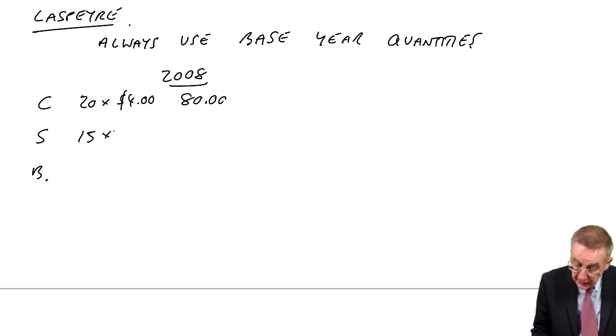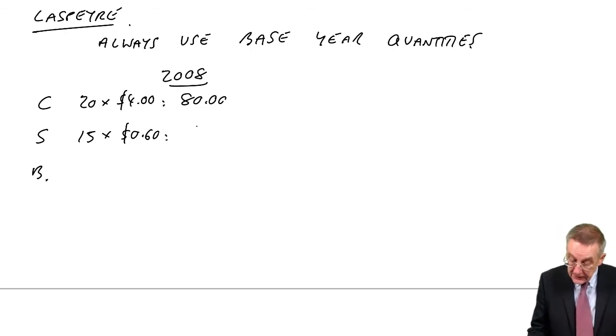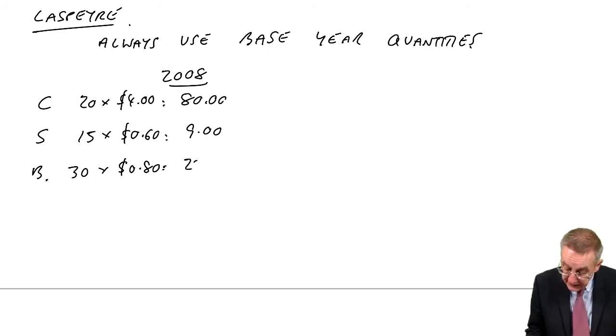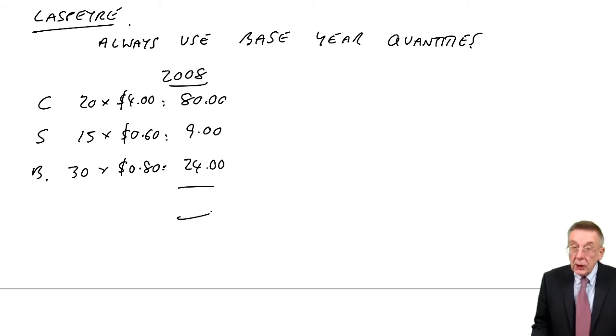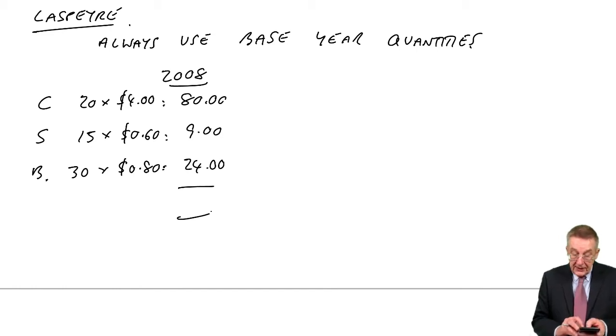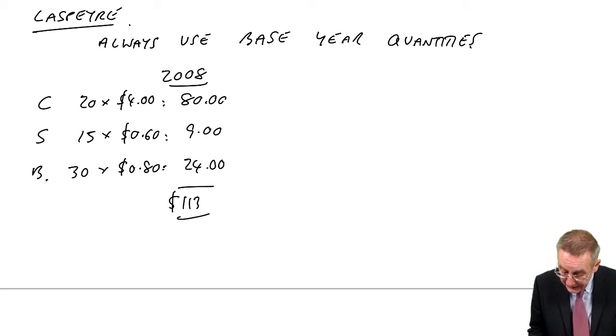They bought 15 sugars at 60 cents each, so that'll be $9 on sugar, and 30 breads at 80 cents each, $24 on bread. So the total cost in 2008 was 80 plus 9 plus 24, $113.